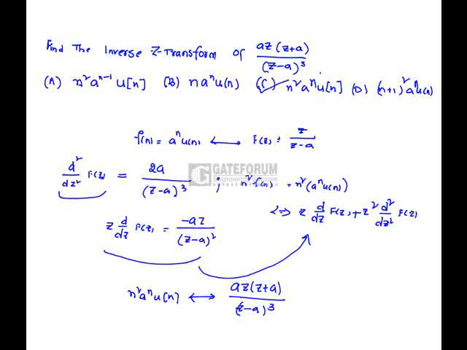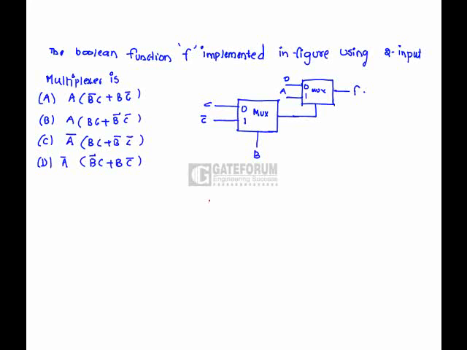option C is correct. The Boolean function f is implemented in the figure using two input multiplexers as shown in the figure. Now here, suppose I am indicating this one with f1. F1 is nothing but b bar c plus b c bar.